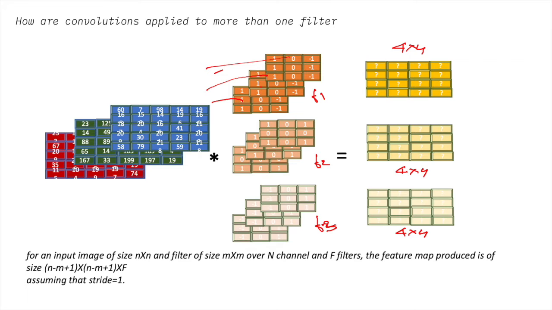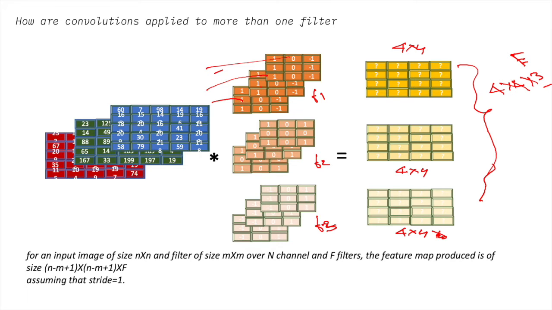So you see that the output feature map now has an extra dimension, and the dimension being the number of matrices. If you combine all of these together, it's a 4 cross 4 cross 3, which is your number of filters over here.